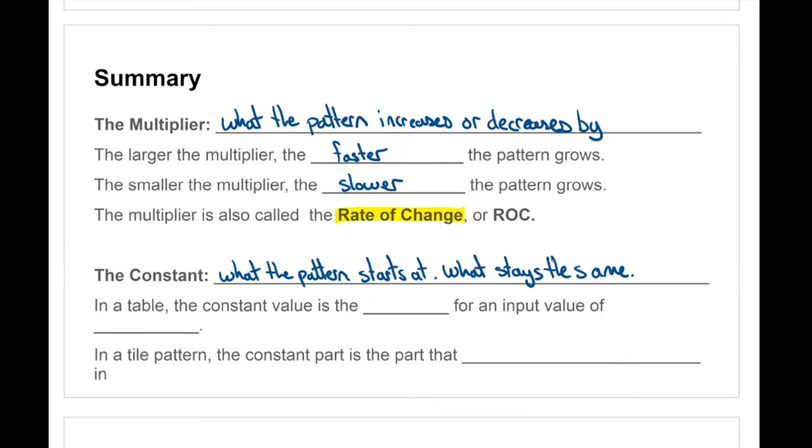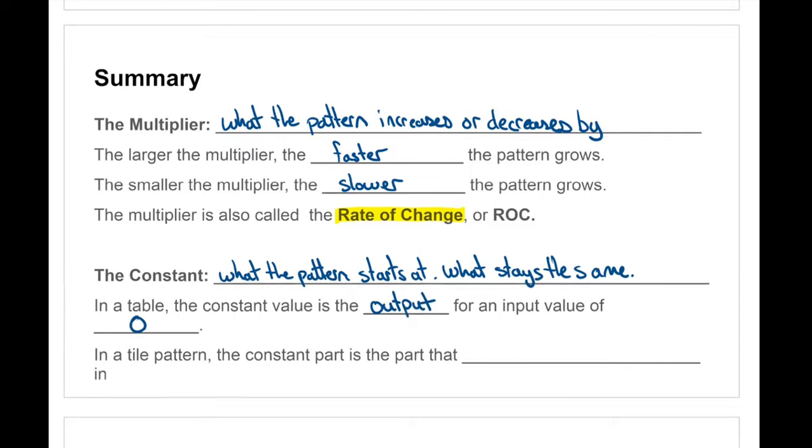In a table, the constant value is the y value, or the output, for an input value of 0. Which I'm going to put as output because that makes more sense in terms of what we've done.